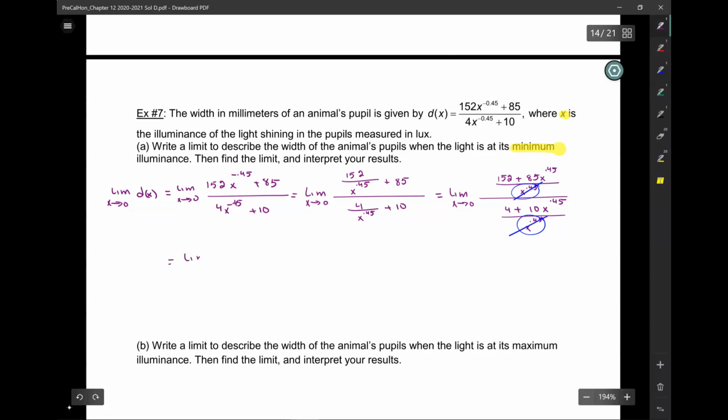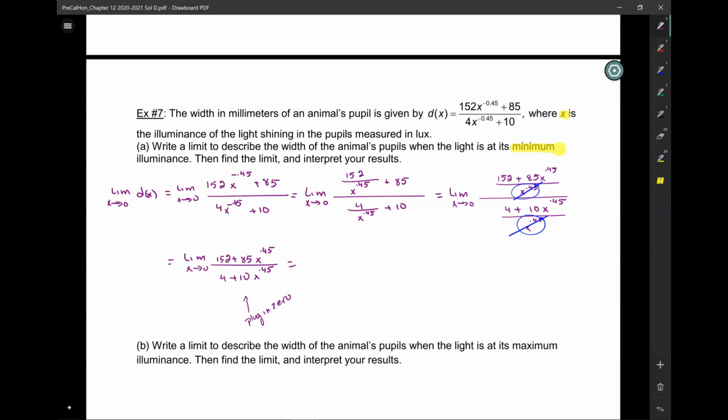So what I have is this: 152 plus 85 x to the 0.45 over 4 plus 10x to the 0.45. Now, can I plug in 0 for x? I can plug in 0 for x now. How come now? Because before I had an x in a denominator and I couldn't divide by 0.